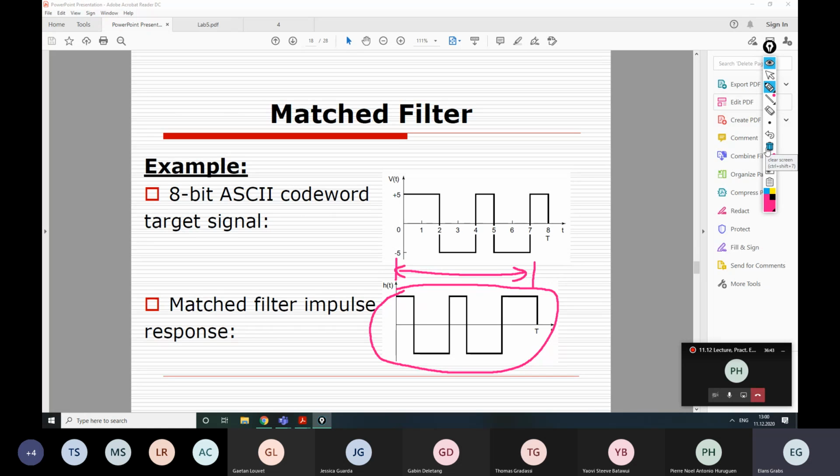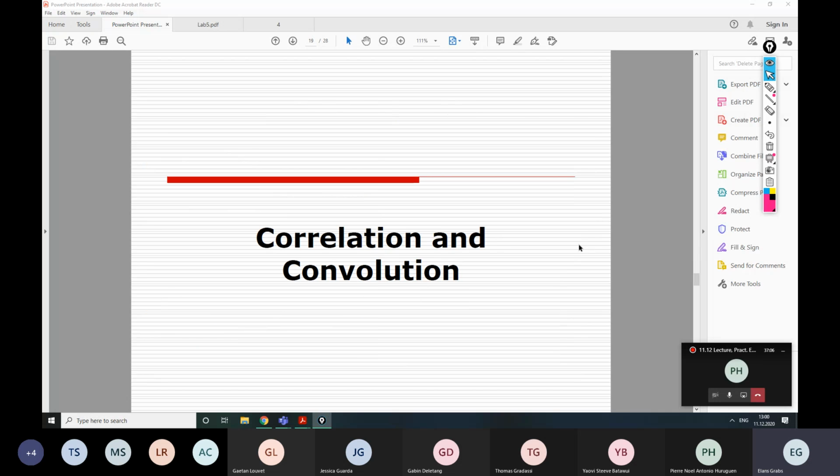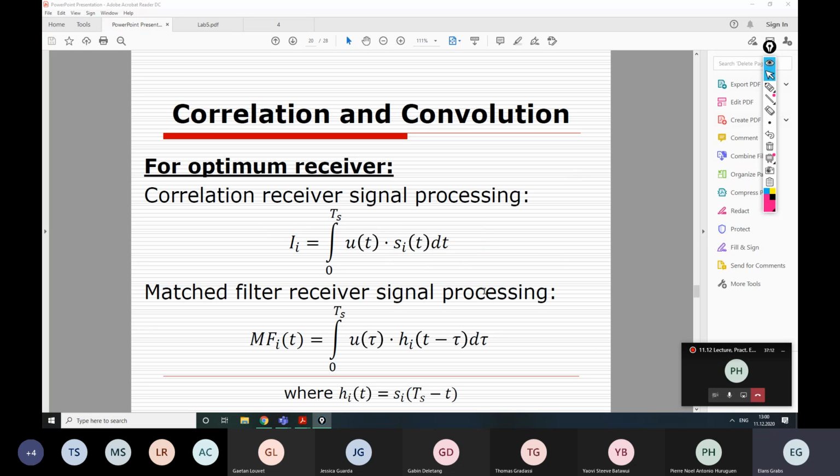So this is more often used in simulations and studies than in practical schematics. In practical schematics, we use the correlation receiver, which is just as good from the error probability perspective as matched filtering. So now let's talk about the relation between correlation and convolution.